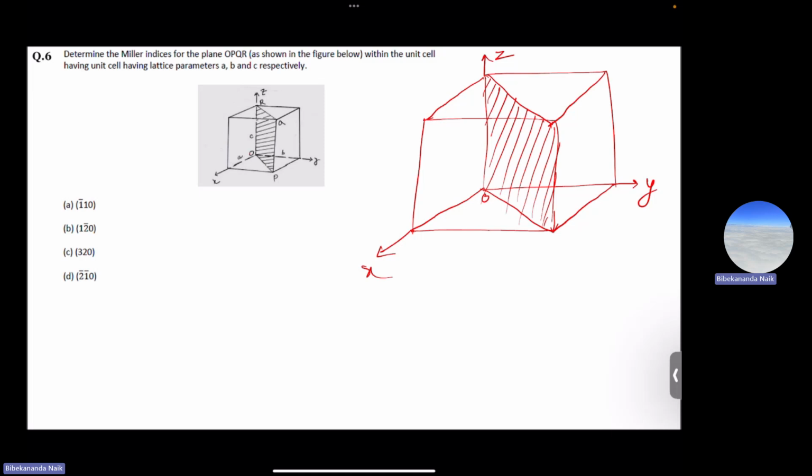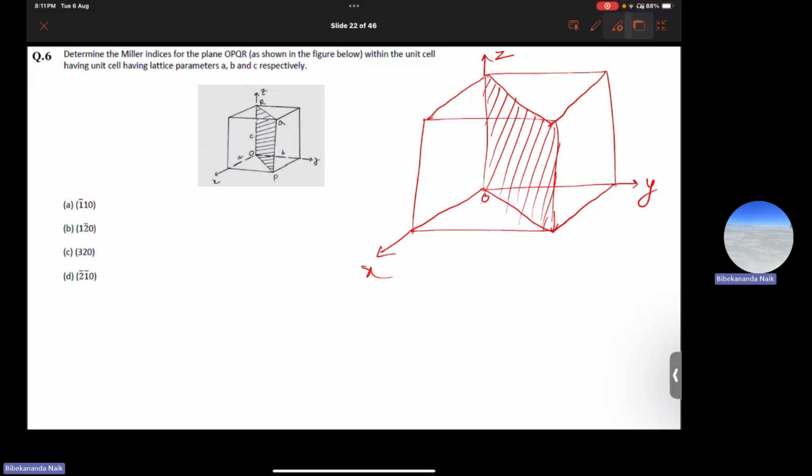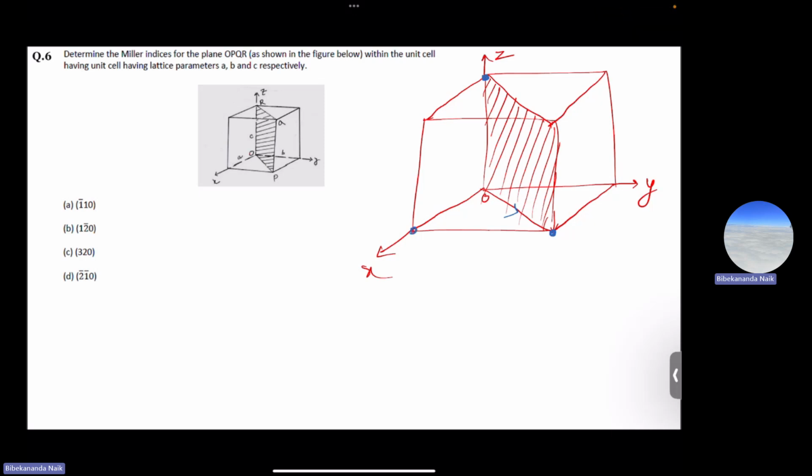If you go this way, you will not be able to move away from the plane. If you go this way and reach this point, you will be again inside the plane. And if you go this way, you will reach here, and you will be again inside the plane. So if you move the origin along the x direction to here, then you will be away from that plane.